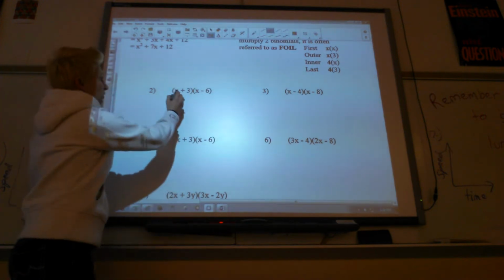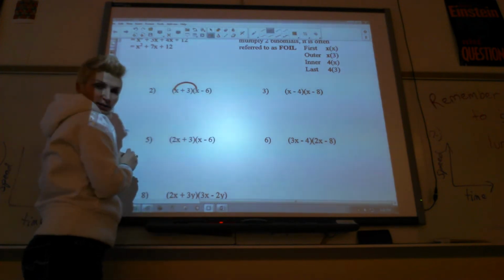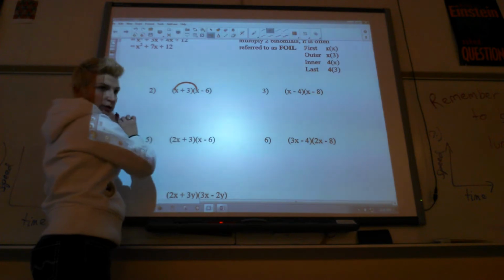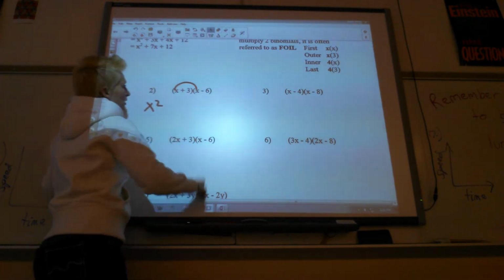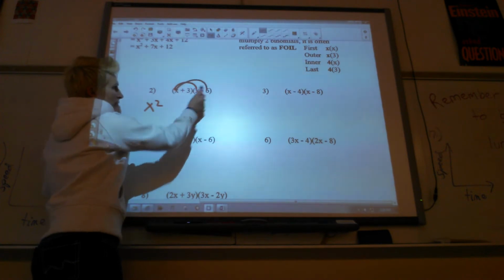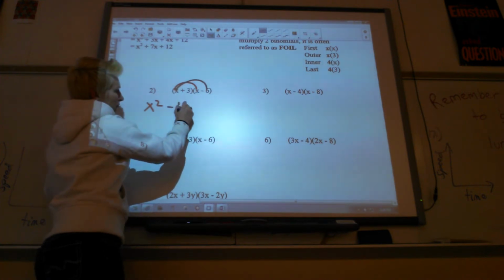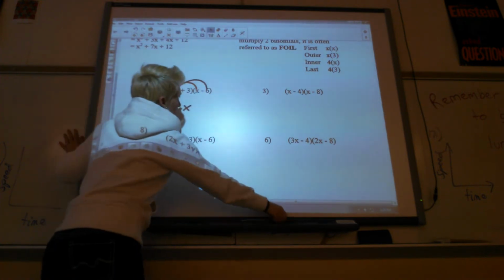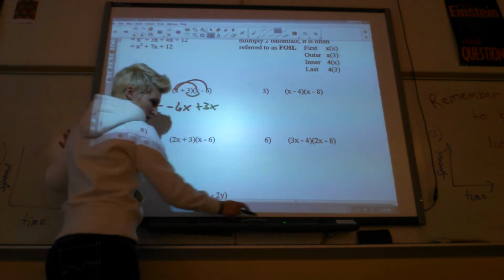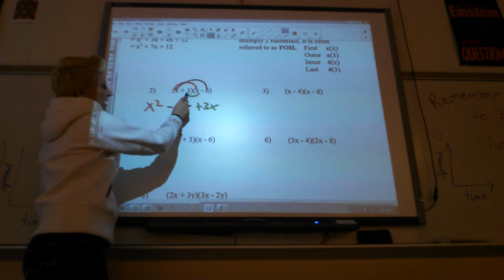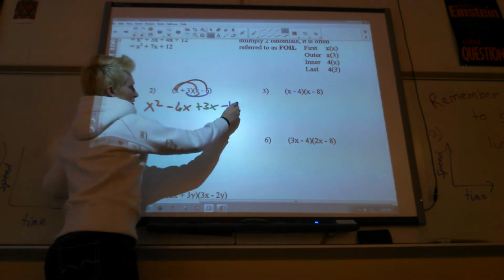Same thing. So x times x, our first term times our first term. Then our outer term times our outer term. Then our inner term times our inner term. And then our last term times our last term.